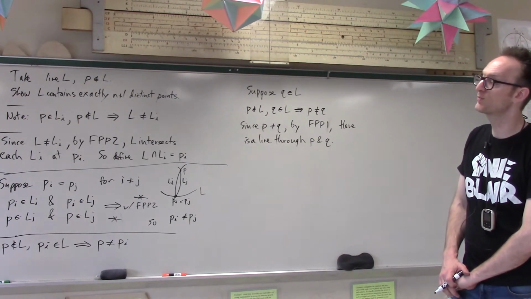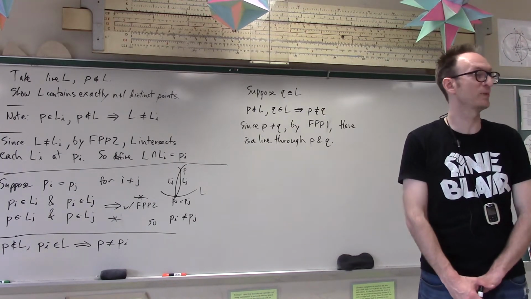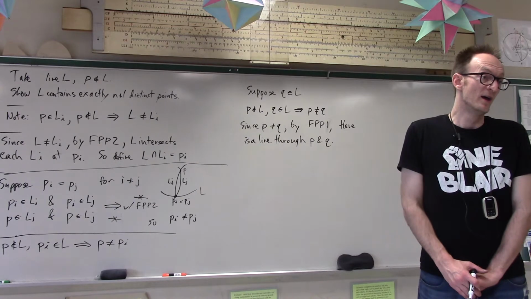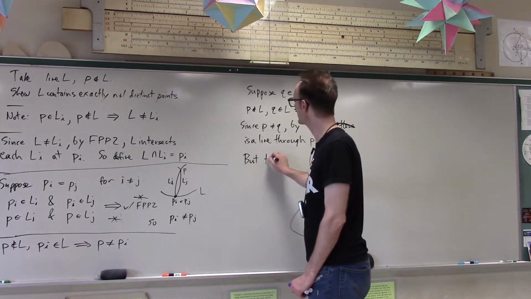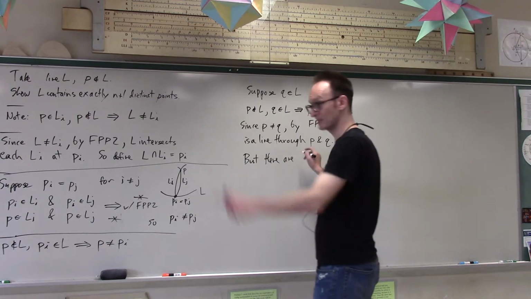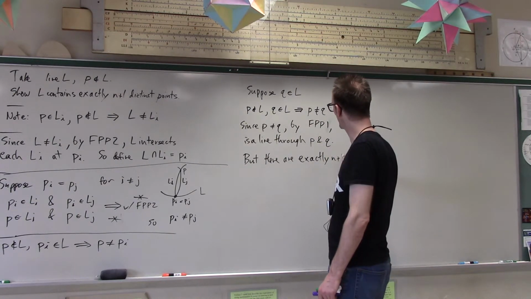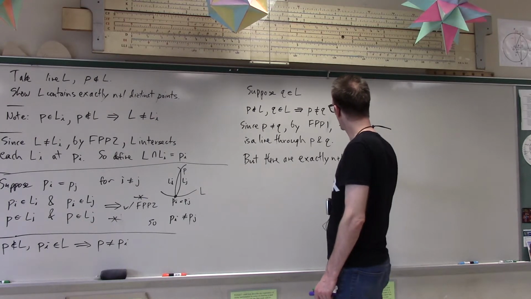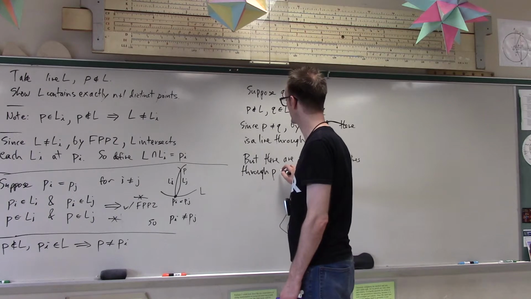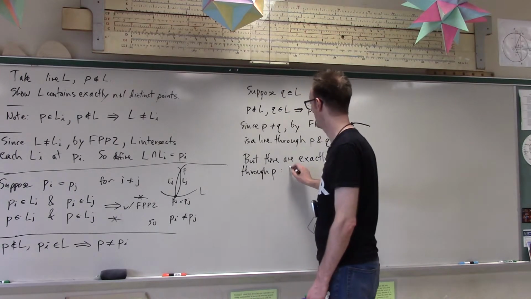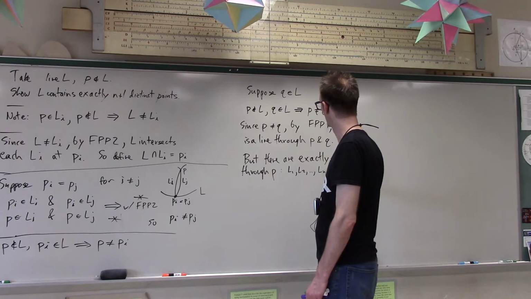But if there's a line through P and Q, tell me about the lines through P. By the assumption of the theorem, there are exactly n plus 1 lines through P. And those lines are, in fact, L1, L2, all the way up to Ln plus 1.